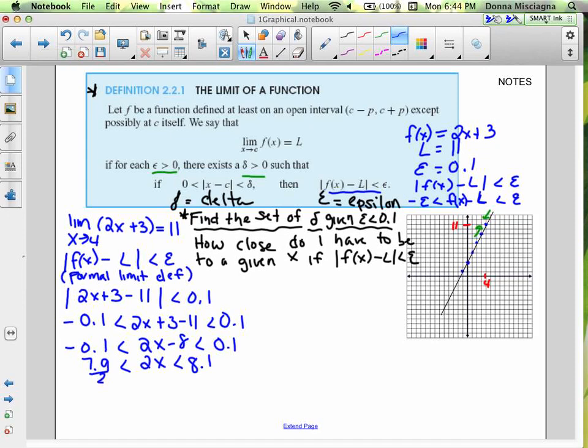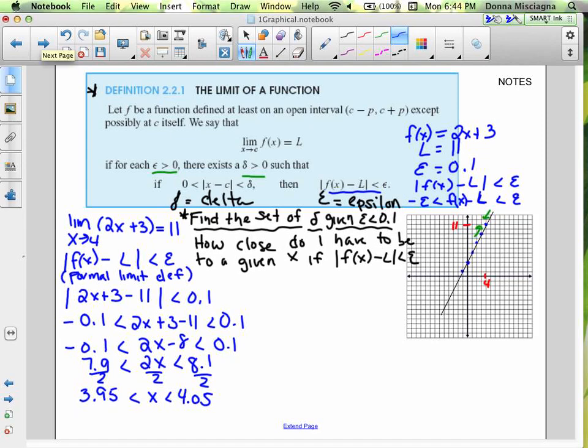That's going to be 3.95 less than x less than 4.05. So that's how far away we can be from x.